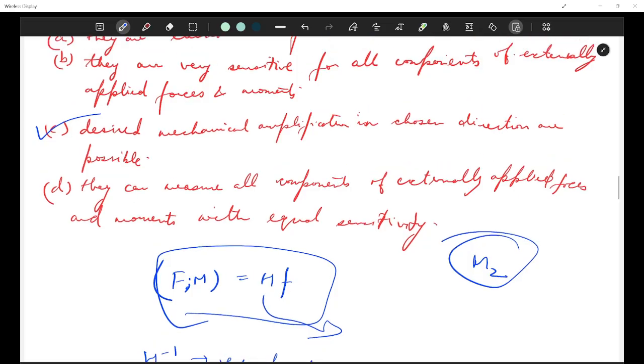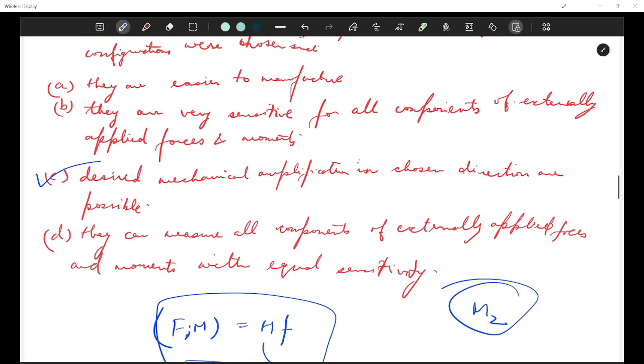Okay, the other options. The first option here is they are easy to manufacture. Singular geometry does not make fabrication easier. Manufacturing complexity has nothing to do with singularity. In fact, singular configurations may require precise alignment. So this is false. Very sensitive to all components is the second option.